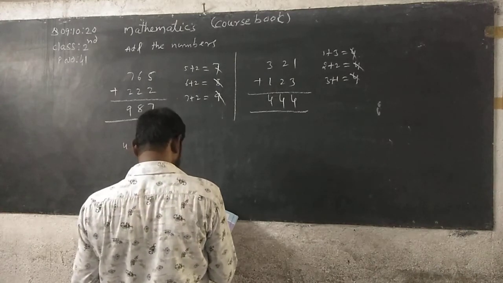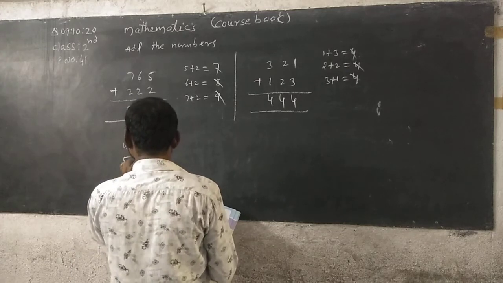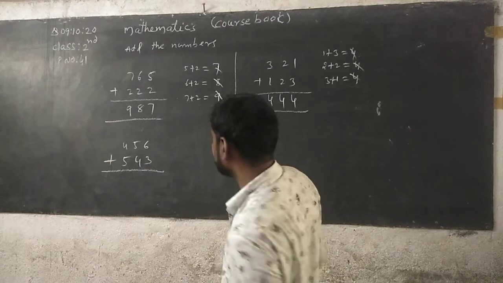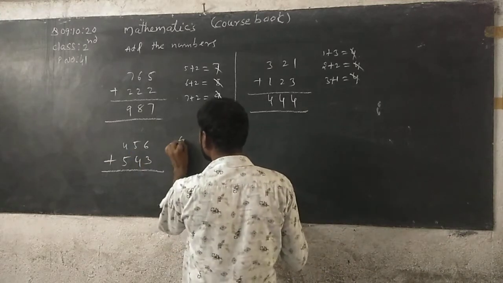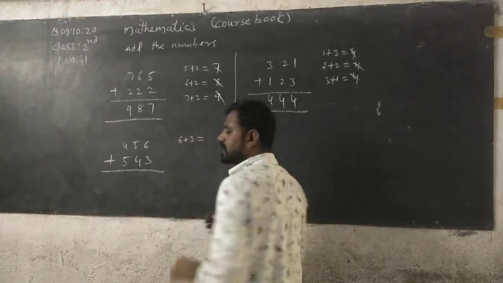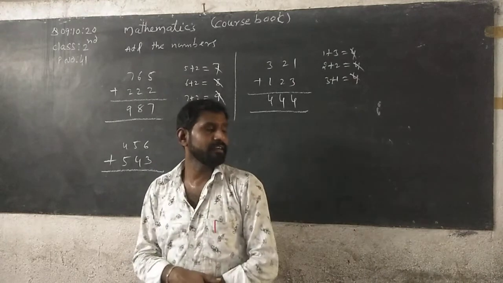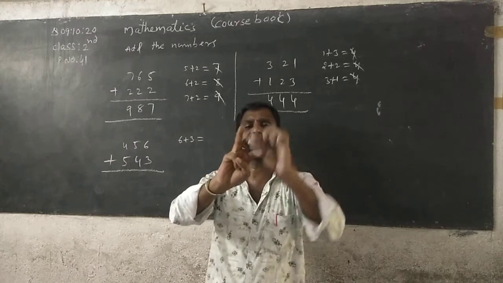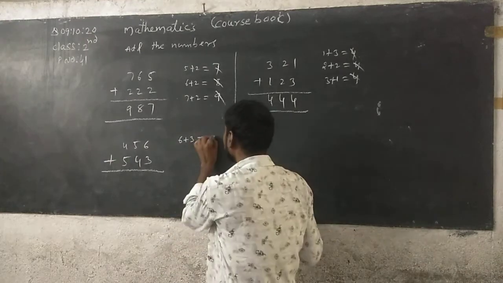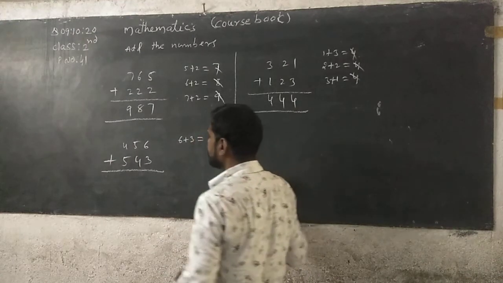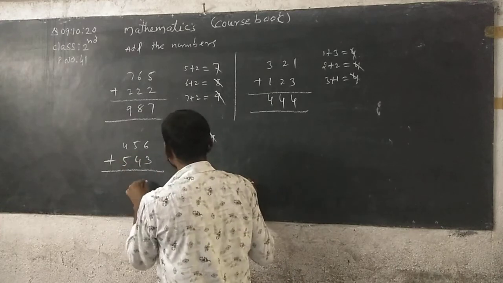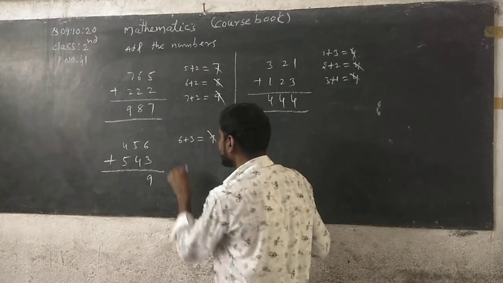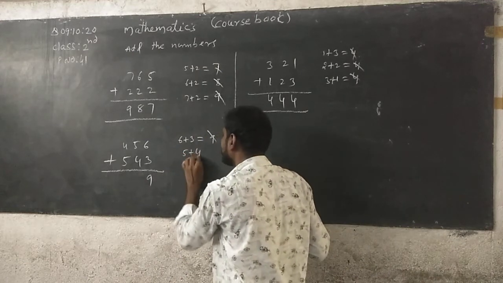Now next, 456 plus 543. First we add the digits in ones place. 6 plus 3. Keep 6 in your mind and take 3 fingers in your hand. You can count 6 after 7, 8, 9. What we get, beta? 9. Write 9 in ones column. Now next we add the digits in tens place, that is 5 plus 4.